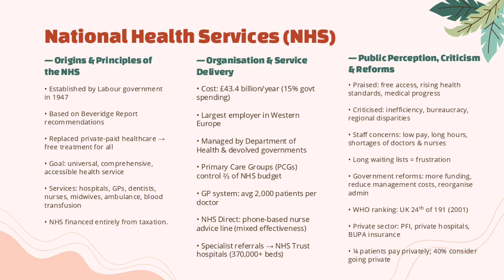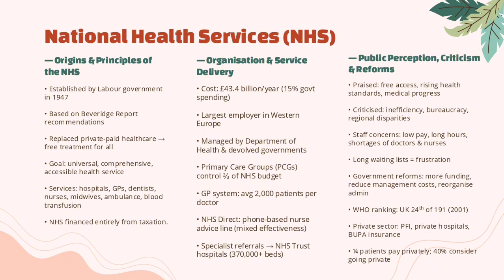The National Health Service is very expensive. It's about 50% of total government spending, and it is the largest employer in Western Europe. Its management is now more decentralized, with the Department of Health and devolved bodies in Scotland, Wales, and Northern Ireland. The main service system is through GPs. On average, doctors have about 200 patients on their list.